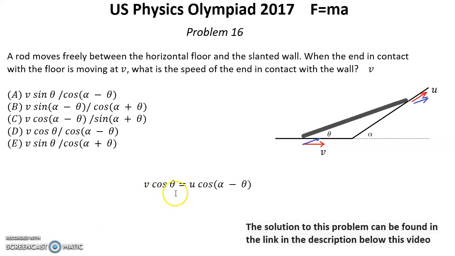We have v cosine theta, which is the projection of vector v on the direction of this rod, equal to u multiplied by cosine of alpha minus theta, which is the projection of vector u on the same direction. And from here we can find immediately what u is. So u equals this expression, and this is answer D. That was the solution for problem number 16.